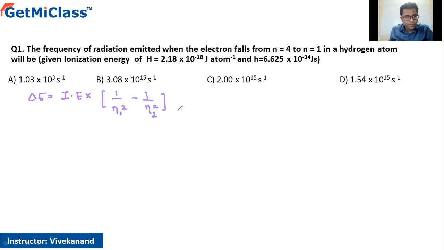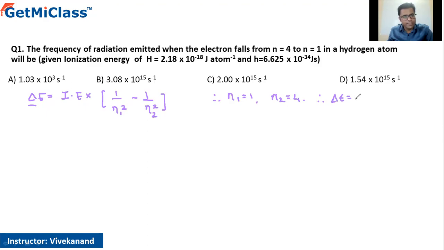Okay, now let's first try to get the difference in the energy. Therefore, as we have been given the data that n1 is equal to 1 and n2 is equal to 4, right?